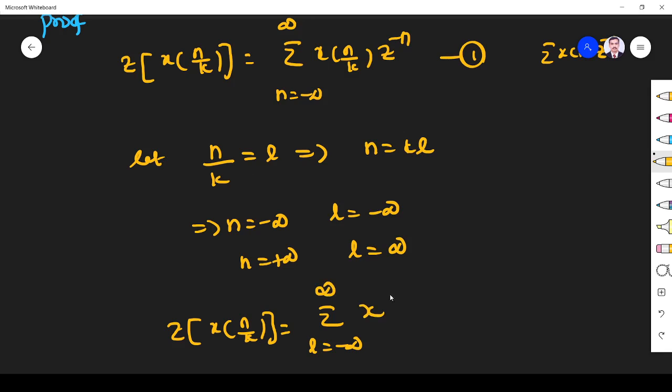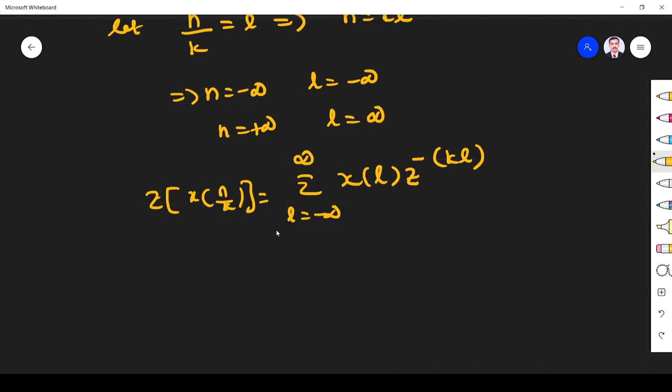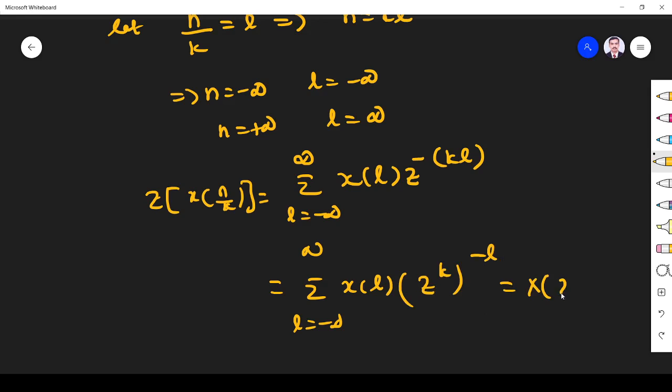So x of n by k is x of l, z power minus n, and n is equal to kl. So this can be written as summation, l goes to minus infinity to plus infinity, x of l, z power k, minus l. So that is equal to X of z power k. Why?